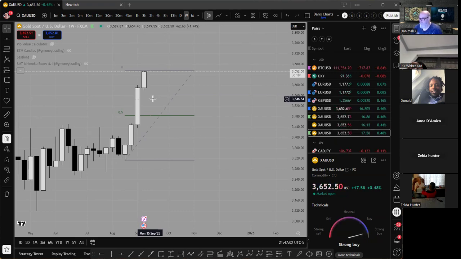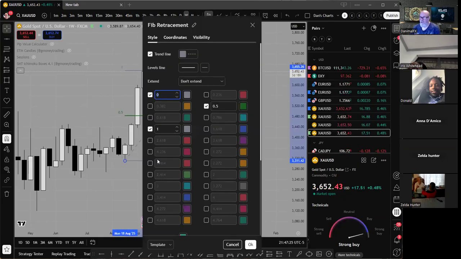I have yet to put in an entry at the 786, mostly because I've seen it more times than not hit it, so they usually don't go with that. I'm safer at the 618. If it hits there, if it goes below that, I'm cool. If it doesn't, I'm cool too. So, yep, there's a fib for every occasion.